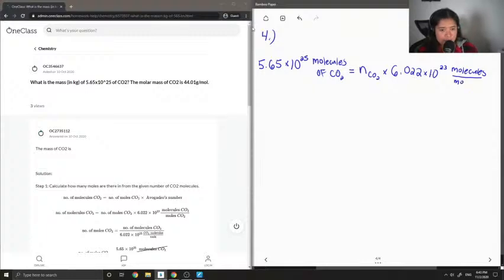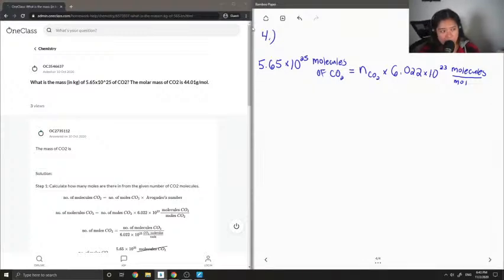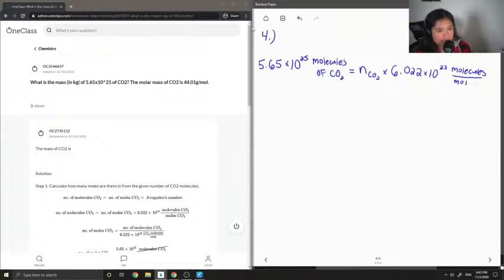It doesn't have to be molecules, it can be photons or particles, just depending on the way it's worded in the question. Its value is 6.022 times 10 to the 23, and the units are molecules per mole.